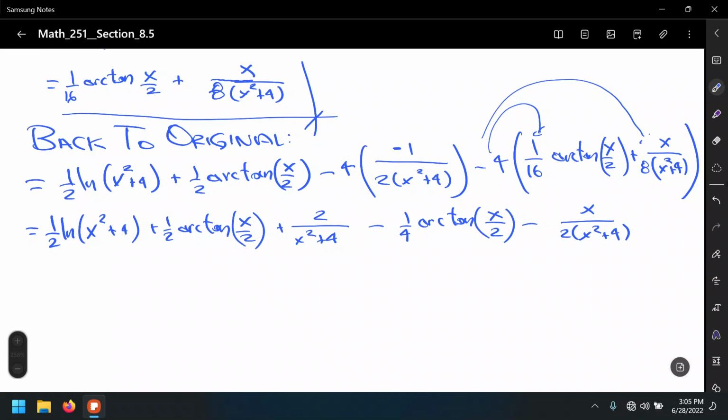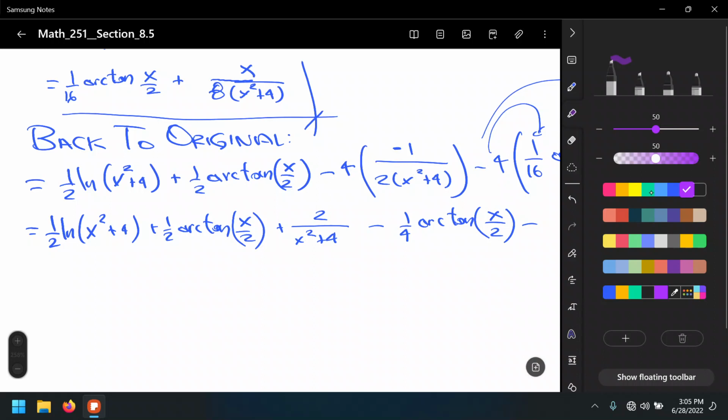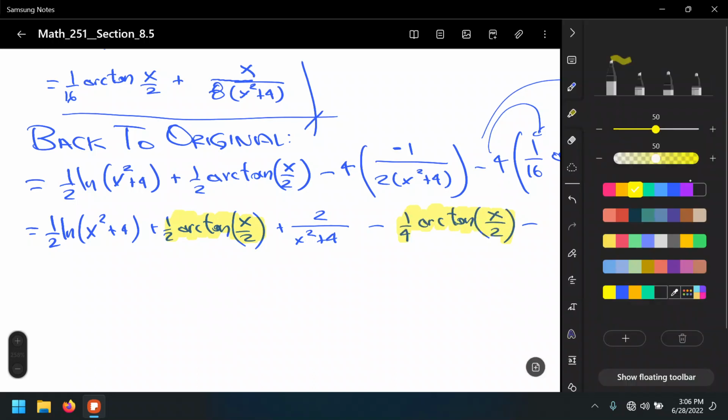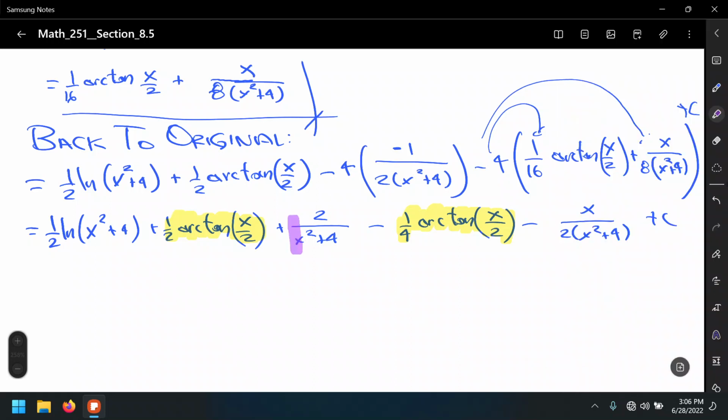Alright, so let's combine like terms, and we can add the plus c actually here. Okay, to combine like terms, we have a couple of them. Number one, I'm going to combine these arctan terms, and I'm going to combine these terms right here.